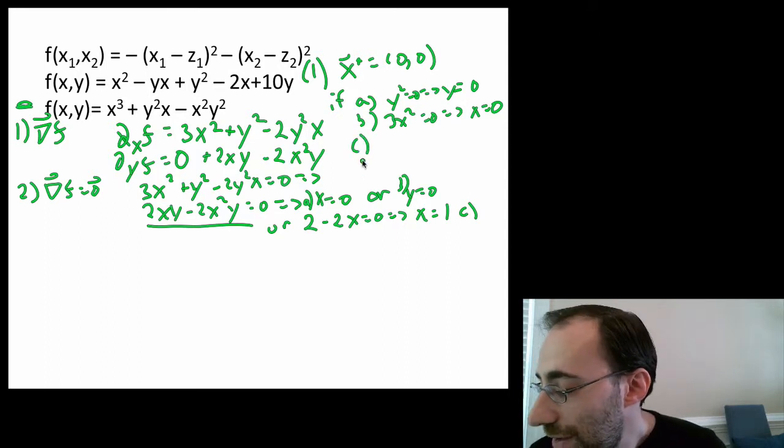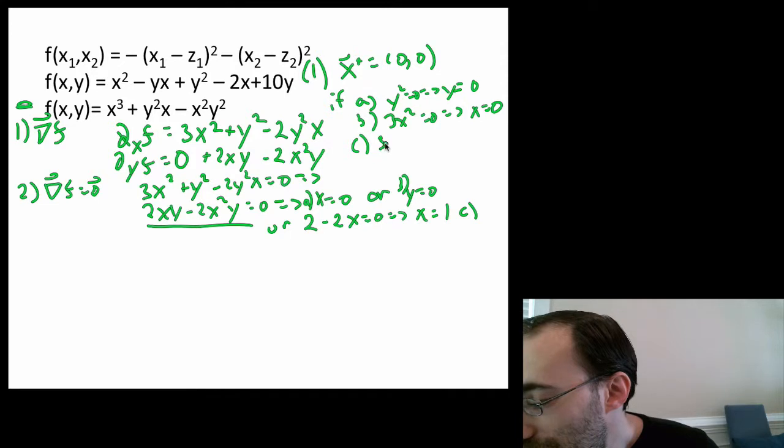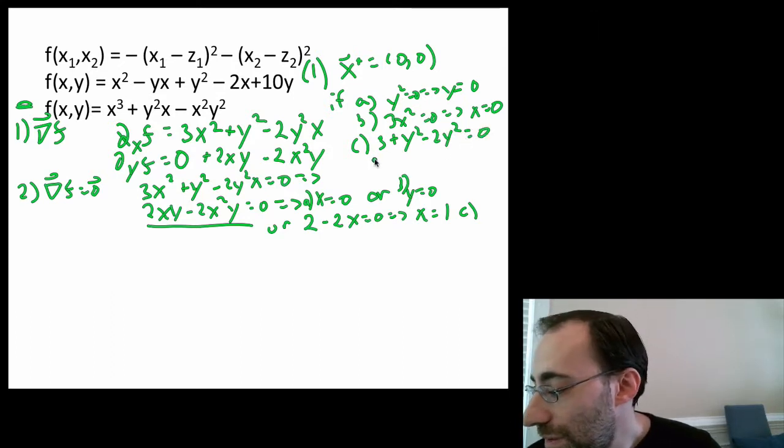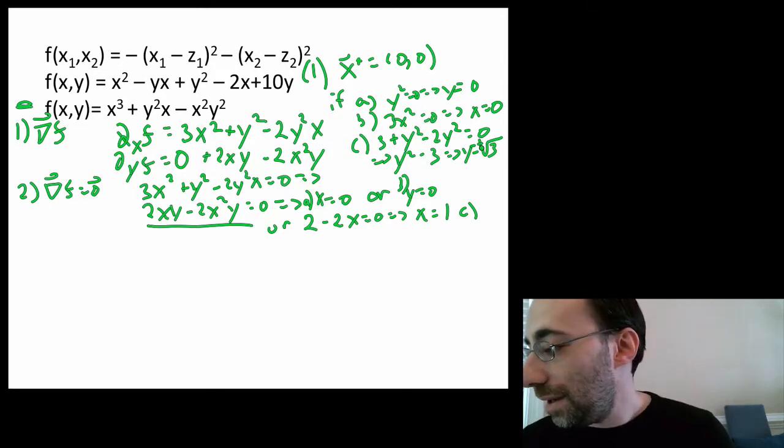Now if c, we have x equals 1, then we have 3 plus y squared minus 2y squared equals 0, or y squared equals 3, or y equals the square root of 3, so plus or minus square root of 3. Okay, so now we have another two possibilities.